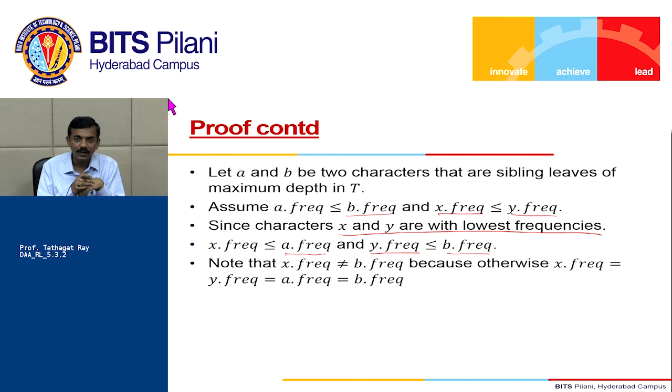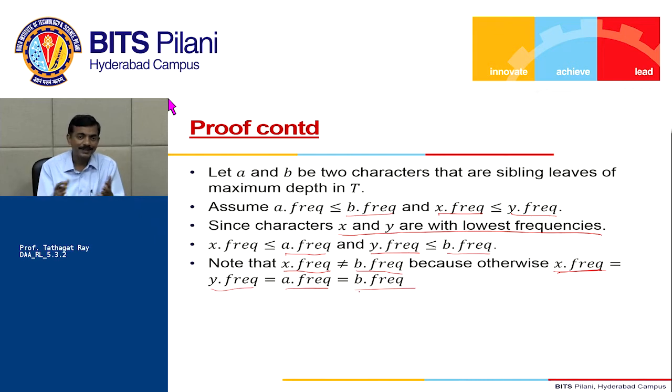Now notice that the frequency of X cannot be equal to the frequency of B, because if the frequency of X is equal to the frequency of B, then the frequency of Y is less than or equal to that of B, and we have said the frequency of X is less than or equal to the frequency of Y, which means the frequency of X equals Y, which equals A, which equals B. So that's the redundant case where I have to do nothing, because all these frequencies are the same.